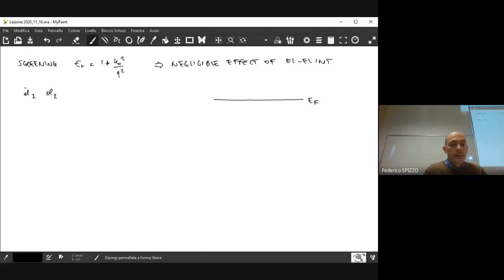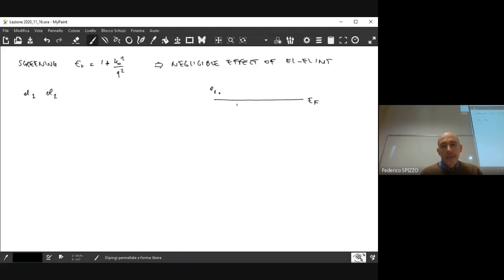Another hypothesis is that electron 1 is not below the Fermi energy, but is excited here at an energy that is slightly larger than EF. In a while, you will understand why I put that electron in that position. So let's suppose that this is electron E1.